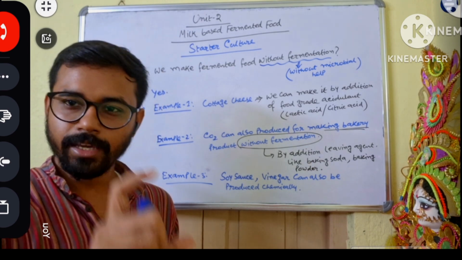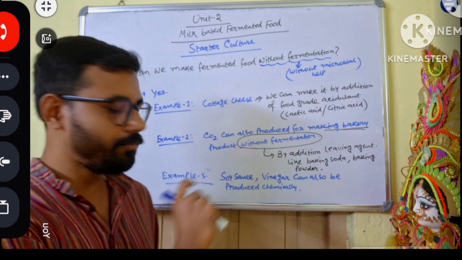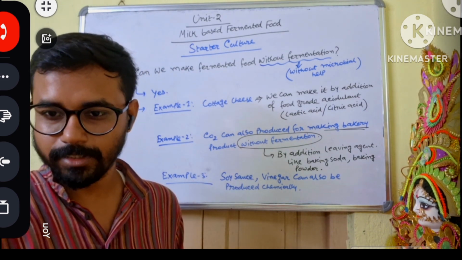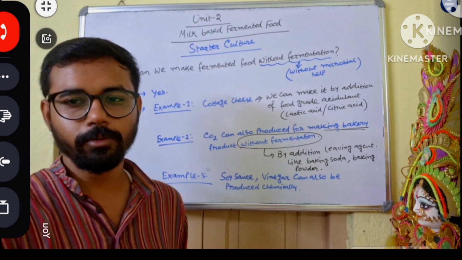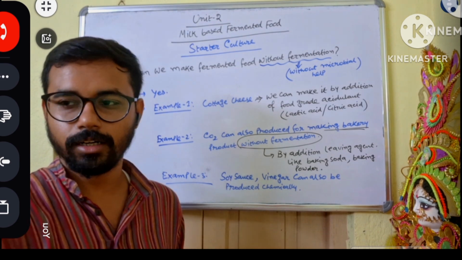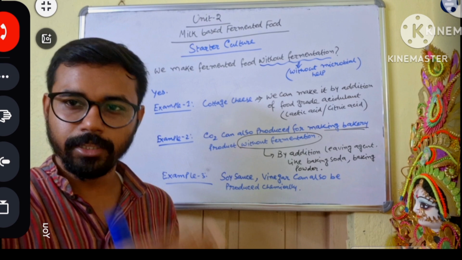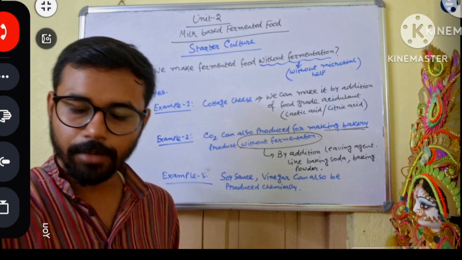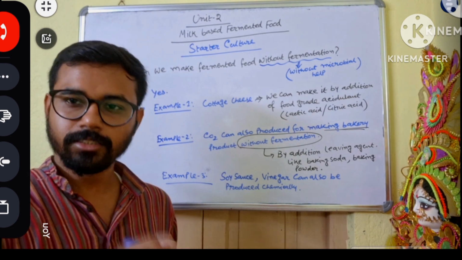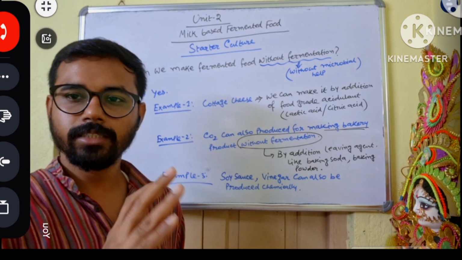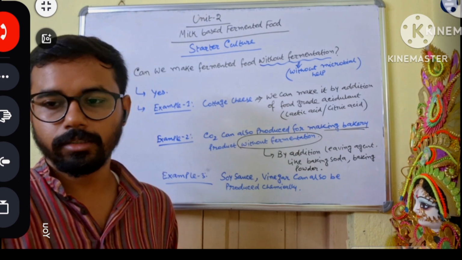That's why the chemically produced vinegar bottle costs just 20 to 30 rupees, hardly. But the seasoned vinegar, the fermented vinegar, just 500 ml, will be priced around 150 to 200.